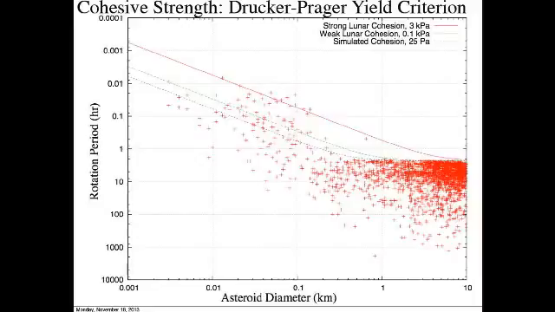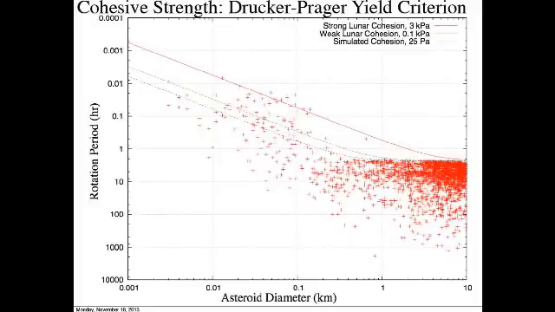In this plot, I have shown all of the size rotation period asteroids. And here I've overlain the spin rate at which a rubble pile with a certain level of cohesive strength would actually fall apart. 3 kilopascals, it's about 1 psi.